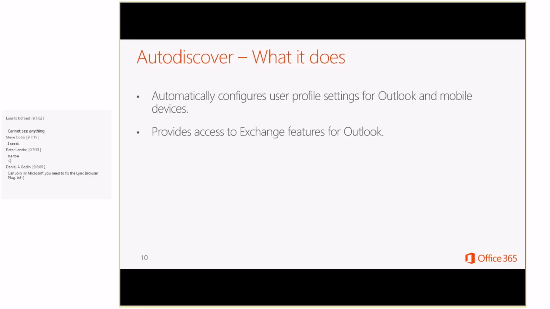On top of that, it also provides access to Exchange features for Outlook. So anytime you're using Outlook and you try to change your out of office message, or schedule a meeting, that's done via Autodiscover.